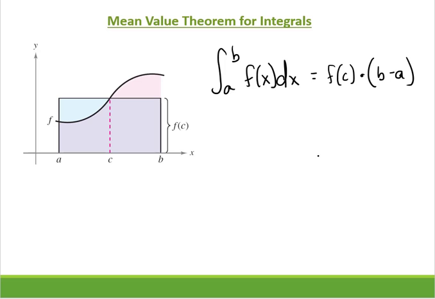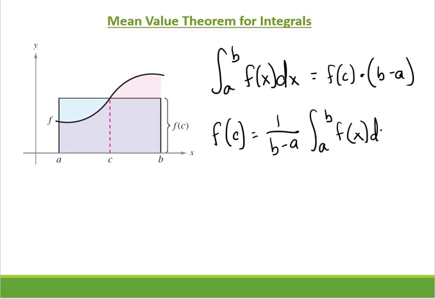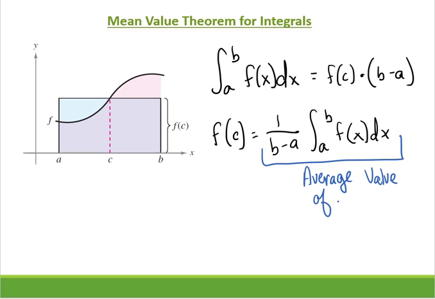What this leads us to is this formula: there's some value c where the area under the curve is equal to, I shouldn't say equal to this formula because it's not. But what this is, is the average value of f of x over the interval from a to b.